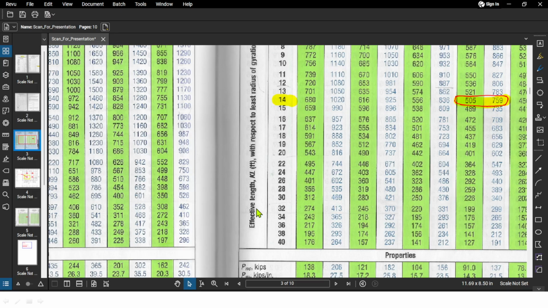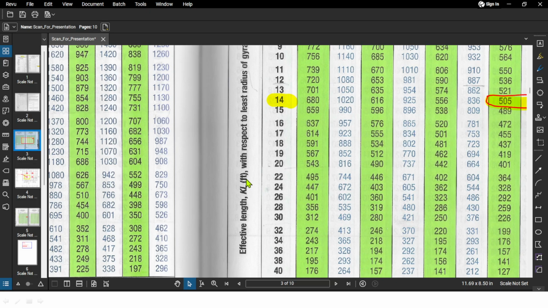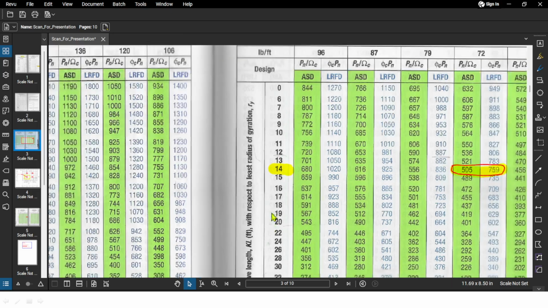And here, if you notice, this value is the effective length KL. Our KL here is in feet. Since our K is 1, our L is already 14 feet. This is with respect to the weak axis, where the radius of gyration is Ry.